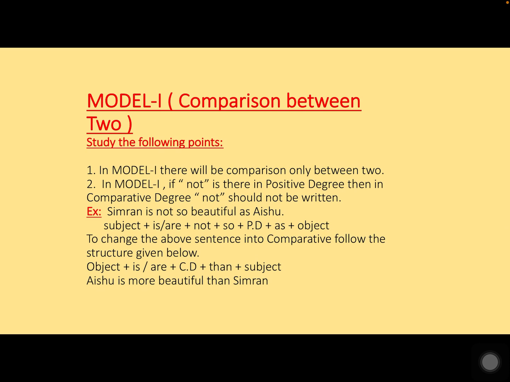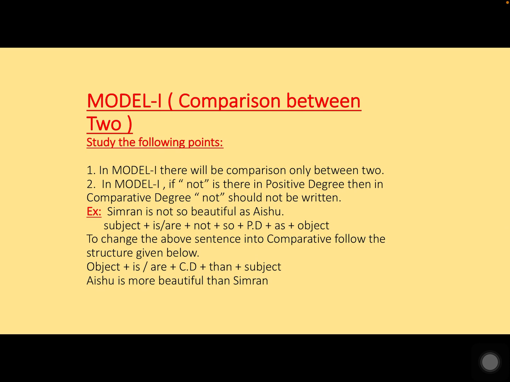Whenever we have a sentence in positive degree, it can be changed into comparative and superlative, but there are 3 types of this in these comparisons. How you change it? The thing is, when there is a comparison between only two things or two persons or two places, then this is one type of comparison.